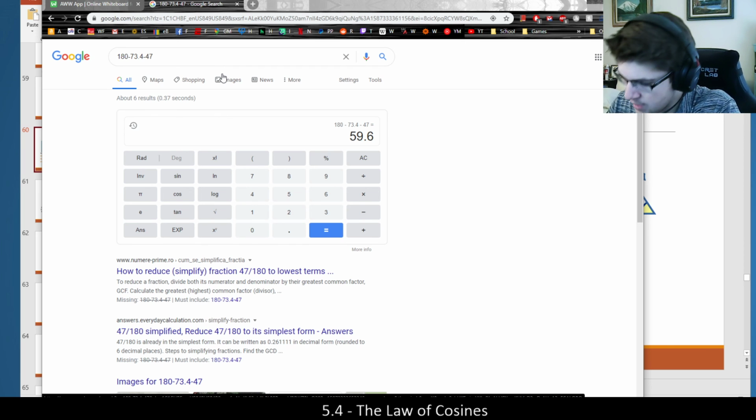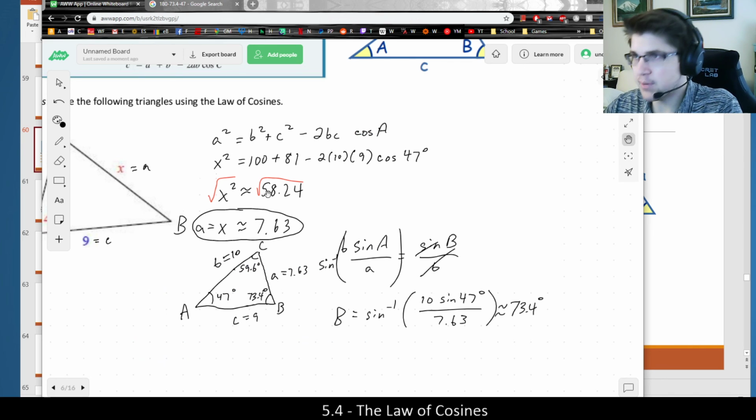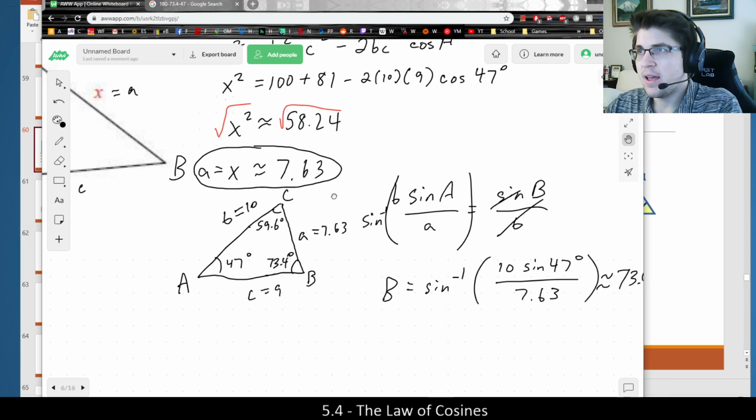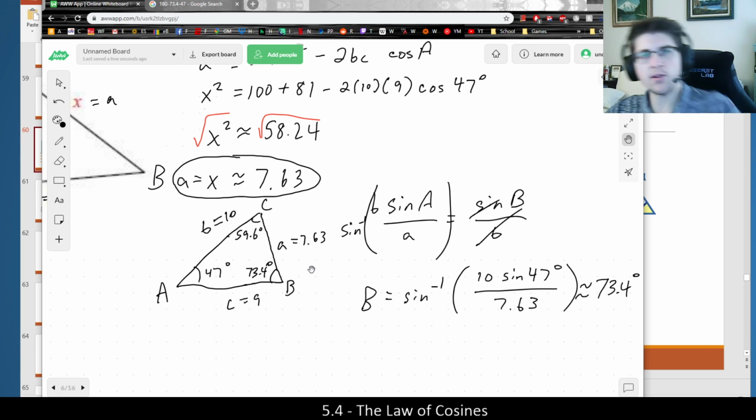But that would give us 59.6 for our third angle C. And our triangle is now completely solved. And down here, it doesn't look very good because I've used my poor artistic ability to sketch this triangle. But it seems to make more sense because the smallest angle is paired with the smallest side, medium angle, and largest side with the largest angle. And there we have it.